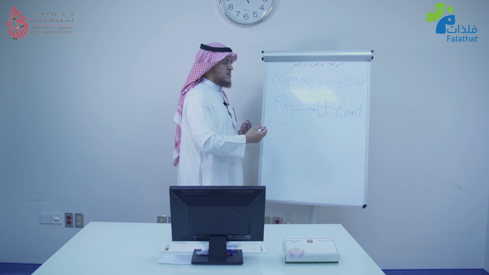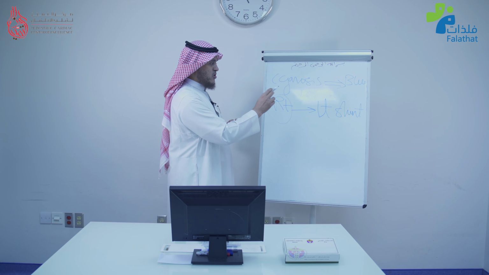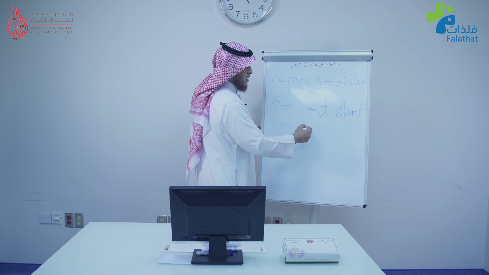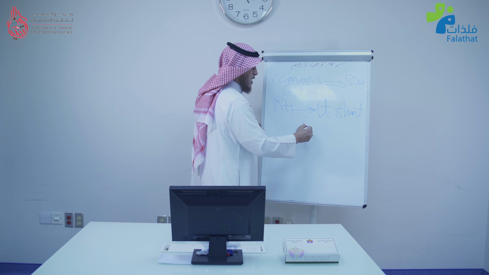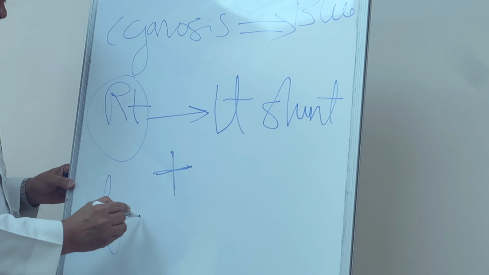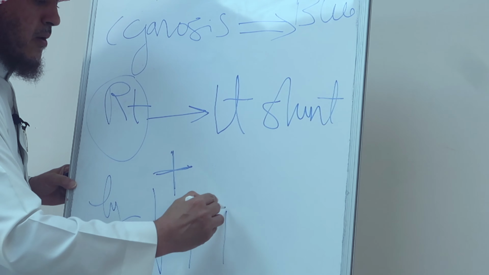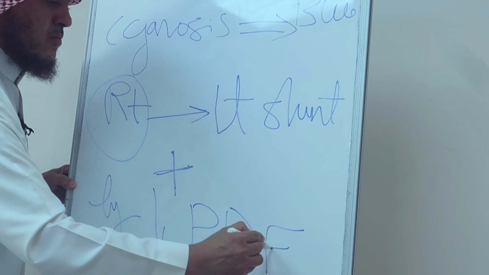In addition to that, one would become more cyanotic if this right to left lesion is added to by decreased pulmonary blood flow.